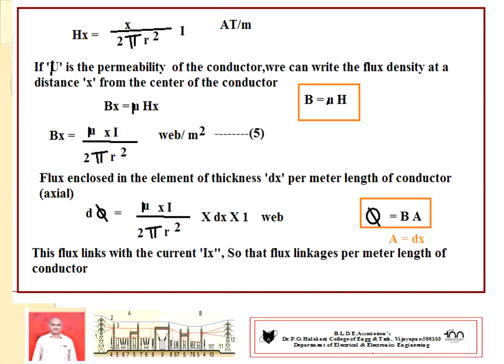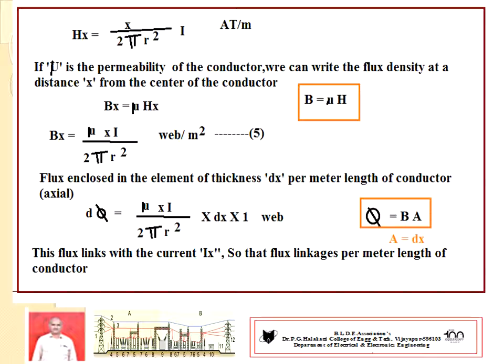Develop the equation number 5. Flux is enclosed in the element of thickness dx per meter length of the conductor. From the flux density we want to find the flux for a strip, a flux strip considered at a distance of x from the center of the conductor. So for that strip, dφ, we use the relation φ equal to B into A, because B equal to φ by A, flux density is flux per area.